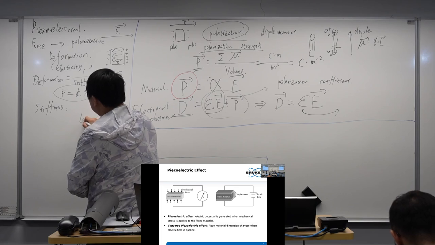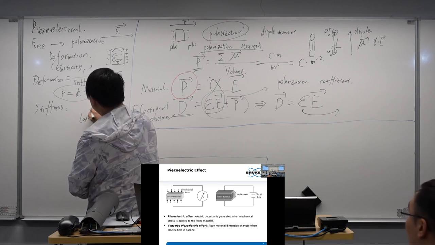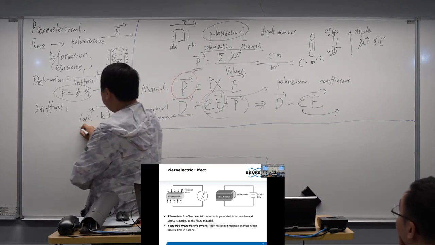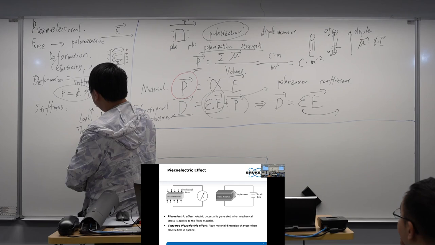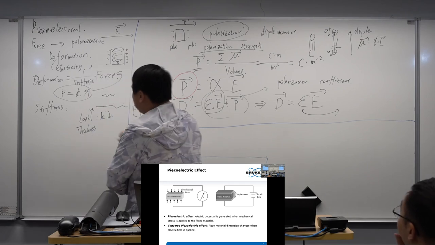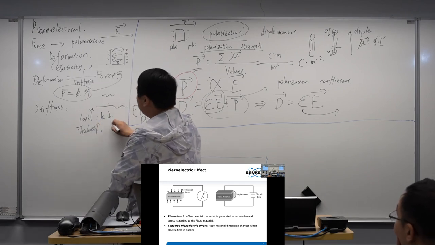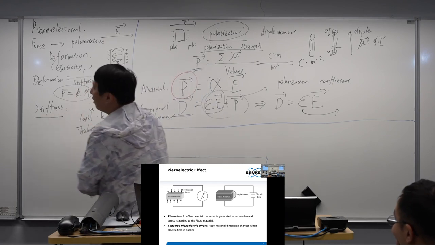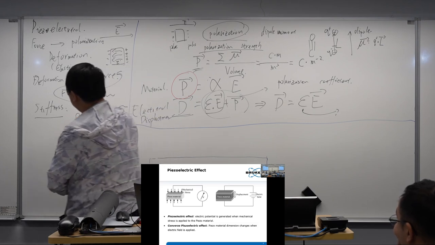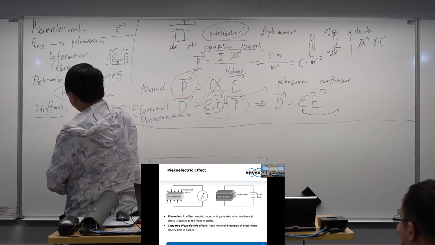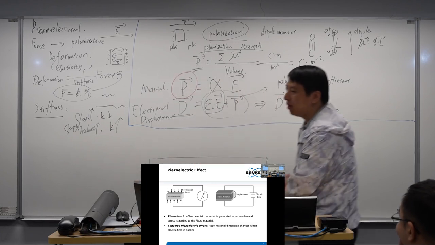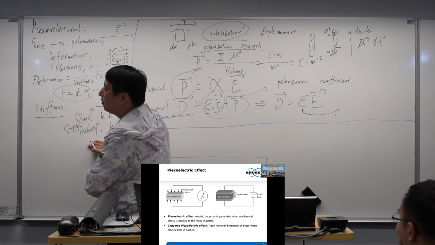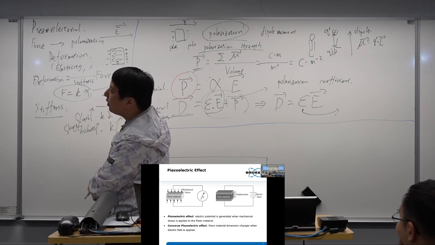So the length is related to K, and of course, the thickness. If the thickness increases, the spring constant will be larger. So this stiffness or spring constant is related to shape. But when we want to describe a material, we always want to make sure this is the material's intrinsic property.